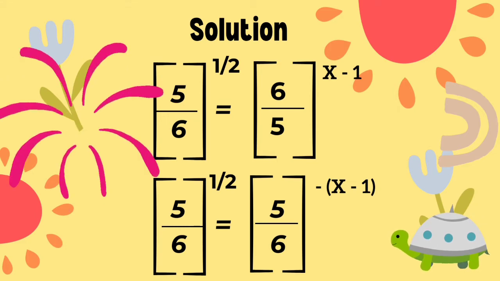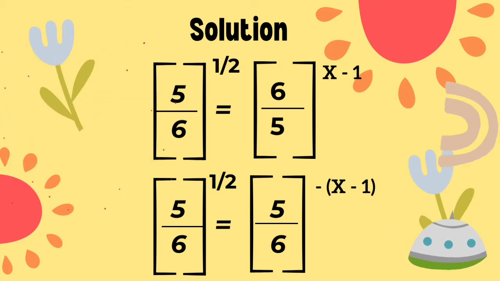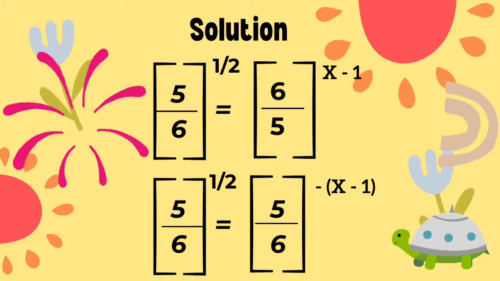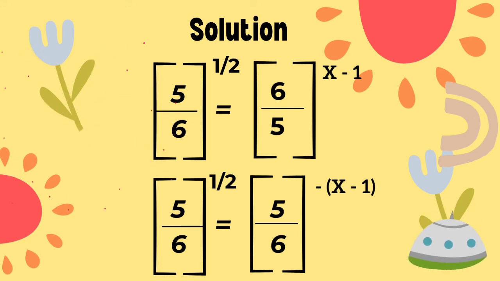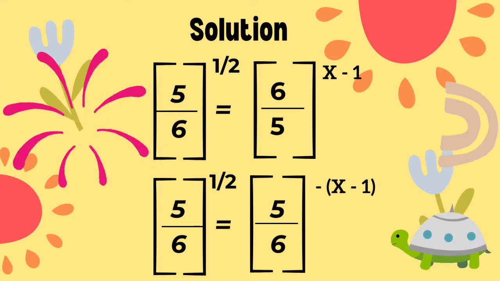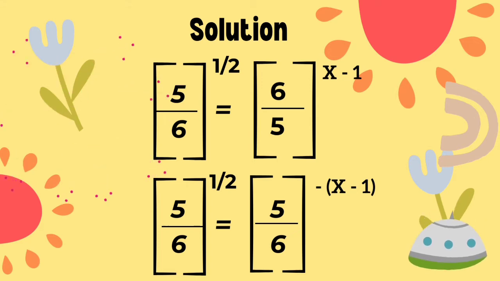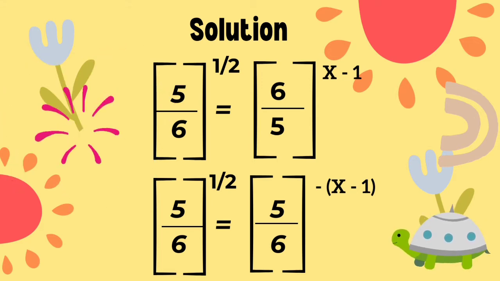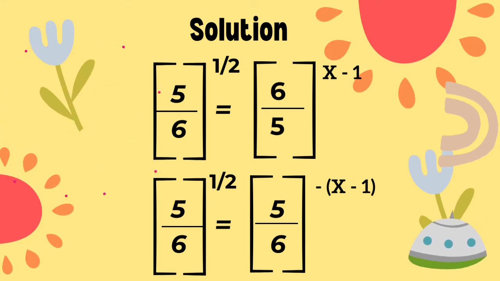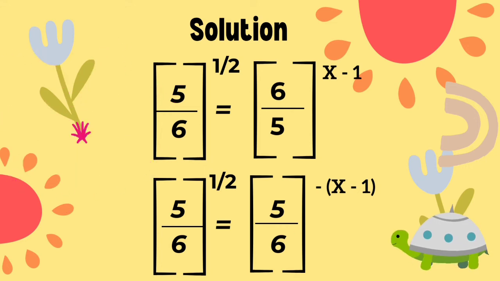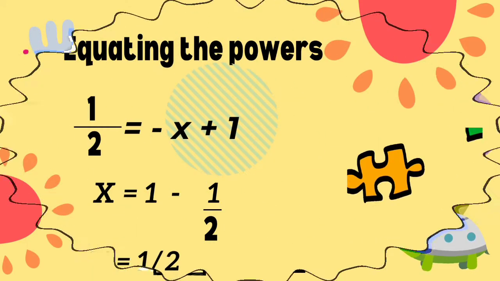When you open up the powers in the right hand side of the expression, you are going to have the minus sign multiplying through the content inside the bracket. So you will be having minus times x, which is minus x, and minus times minus 1, which will give you plus 1.